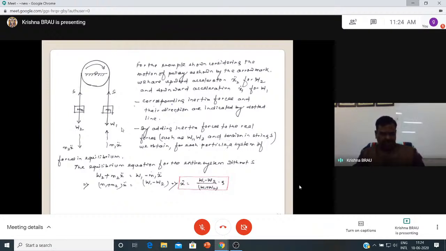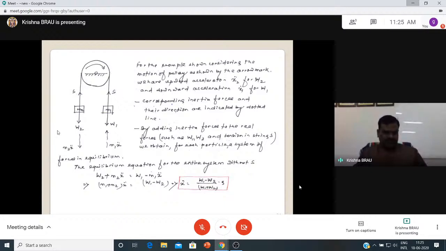Then weights are acting downwards. The equilibrium equation can be represented as follows, assuming upward, considering the equilibrium equation of the entire system. This is M1 x1 double dot. I am taking downwards, and it is upwards because this is the rotation. To keep equilibrium, you have to apply the force in the opposite direction.